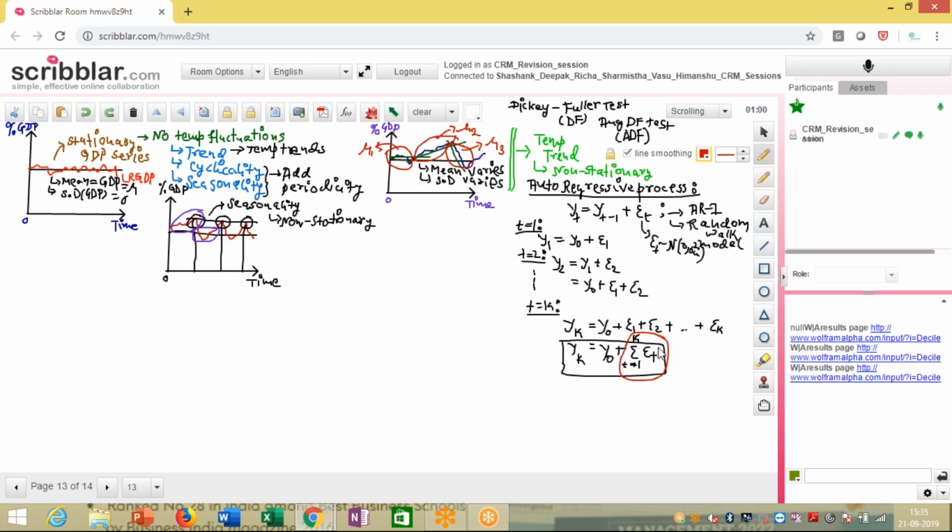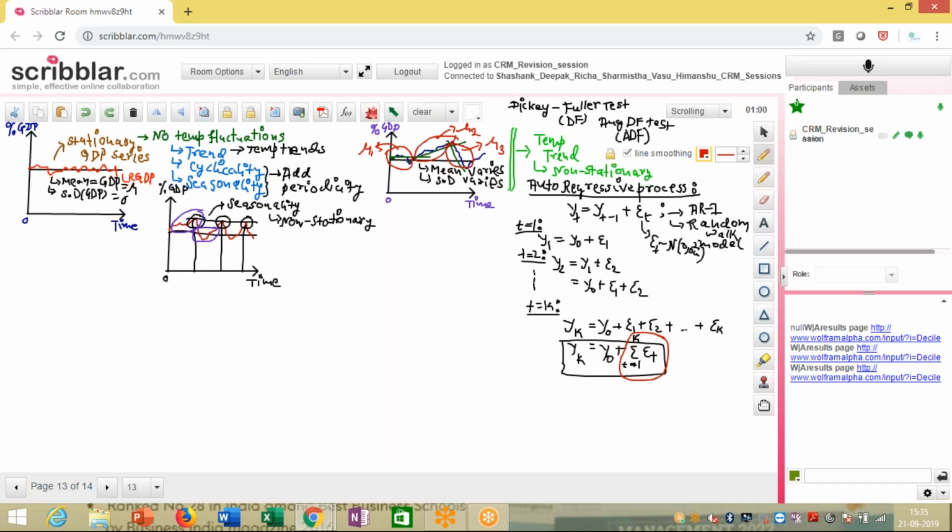So when this error keeps on adding up one after the other, what you get to see is that the noise has kind of magnified. It is just because of the pure movement of the noise that this entire thing keeps on going around. If this is the time series equation which the variable follows, the entire values are explained by the error terms.